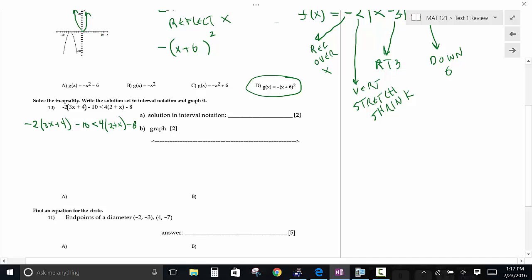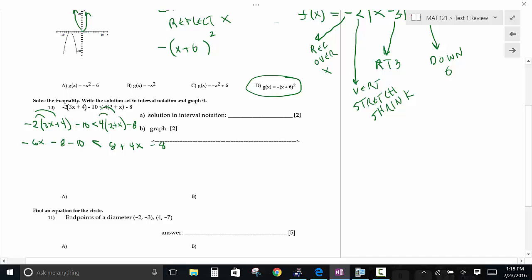First thing is we want to get x isolated, probably on the left side in an inequality. So we're going to start by carefully doing the distributive property. So that's going to be negative 6x minus 8 minus 10 less than 8 plus 4x minus 8, like that. Okay, then what?